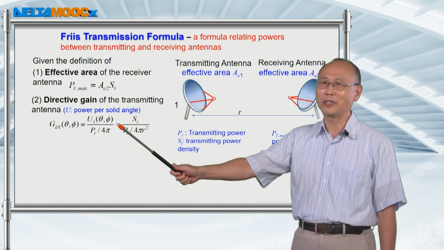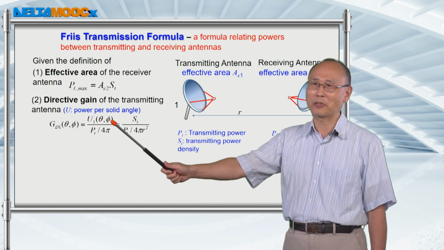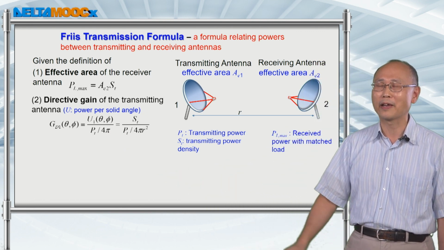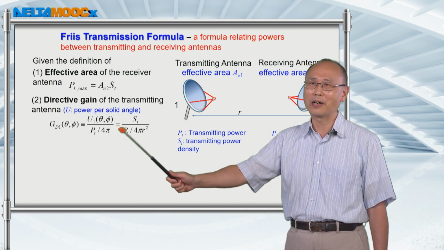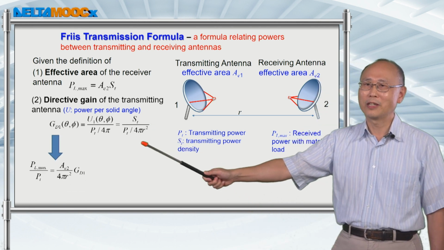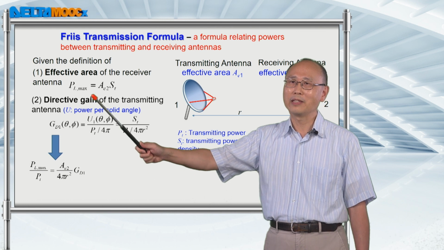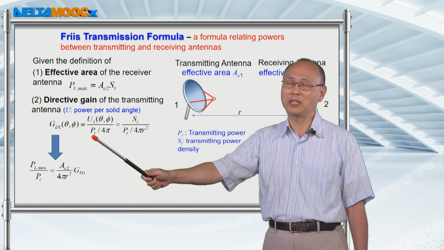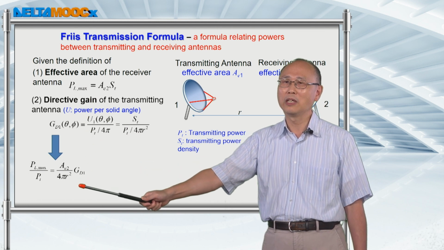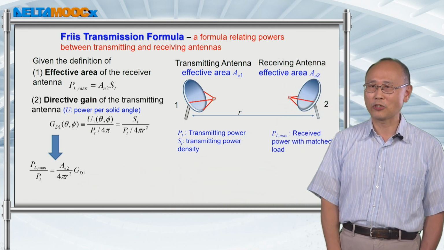And U here is the power per solid angle, and this PT over 4 pi is in the denominator. So with these two expressions, you can start to relate this PL maximum to this PT. So if you take a ratio of this PL maximum to this PT, you end up having this expression.